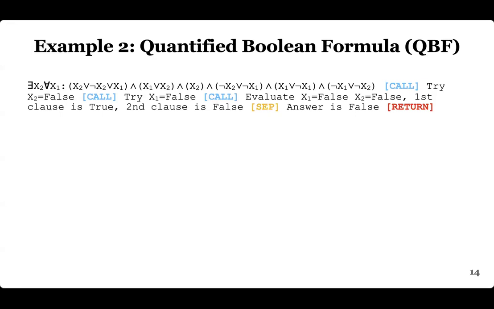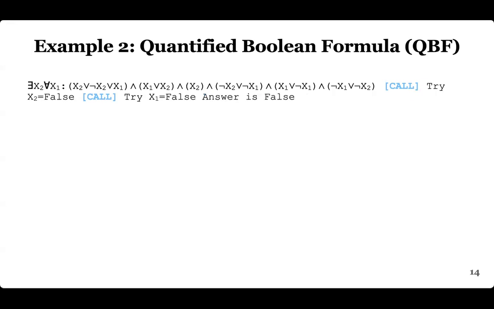And when we know the answer is false, we will just eliminate the intermediate results. Because the question is for any x1 the Boolean formula is true, and we already know if x1 is false, the answer is false. So we know that if x2 is false, the answer is false. So we can just eliminate the reasoning process.